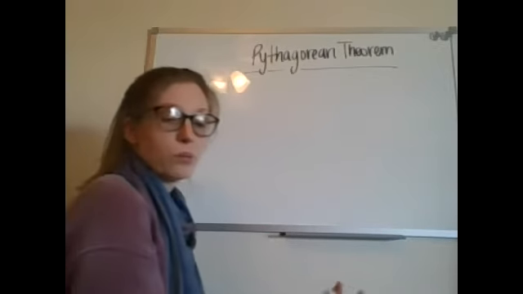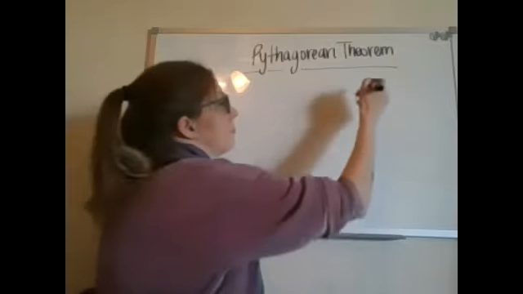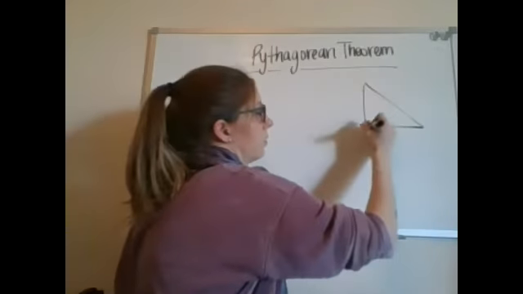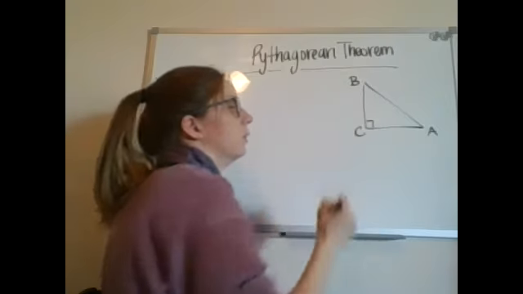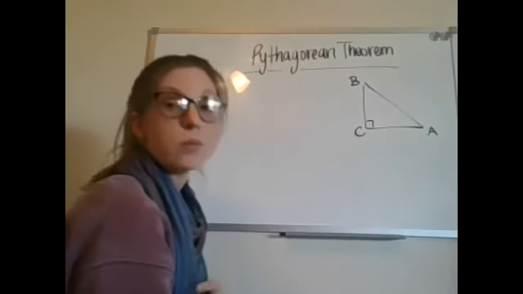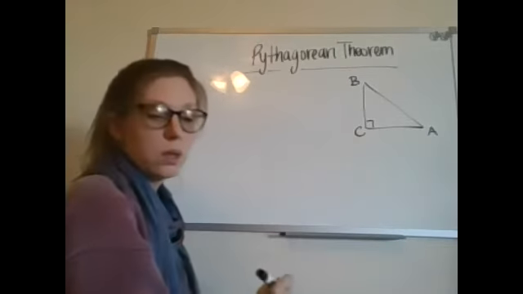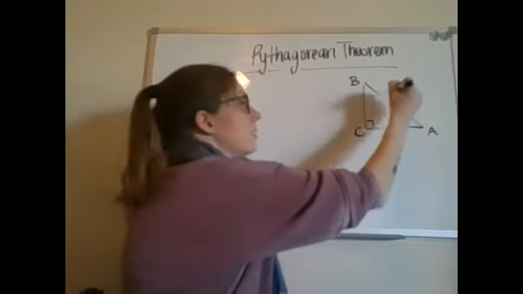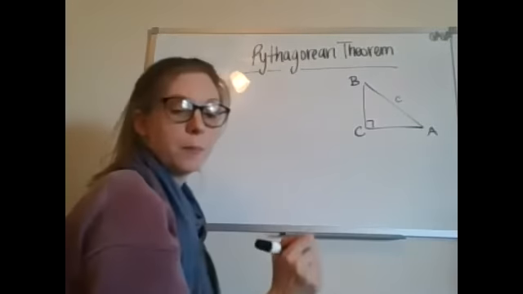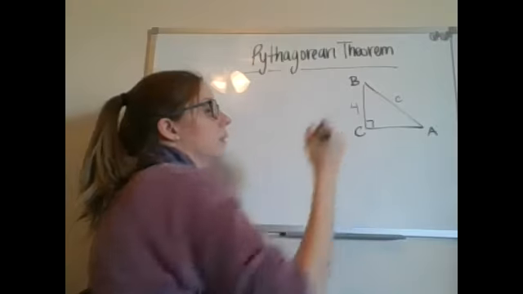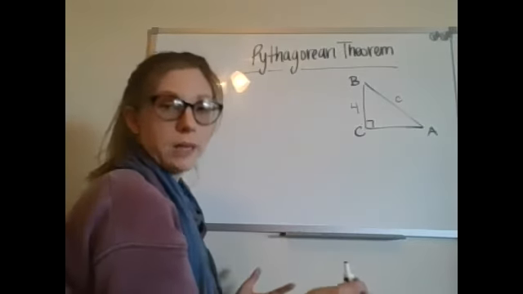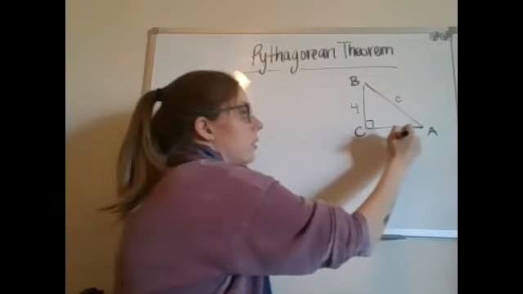So for right triangle ABC, I'm not going to write the whole directions of this down because they're in the notes below here. So right triangle ABC, where C equals 90 degrees. Find C, we need to know C. If a is 4, so little a is 4, and little b, so side B, is 3.